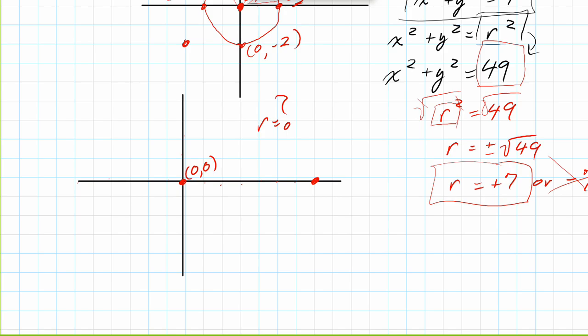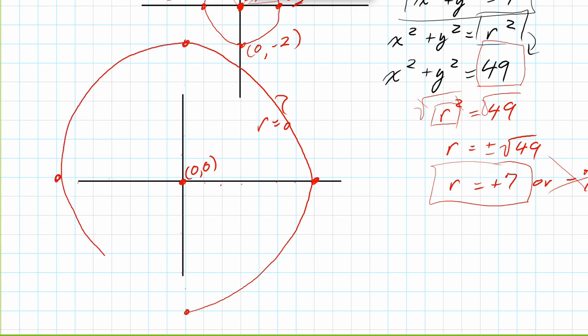Let's check that again. 1, 2, 3, 4, 5, 6. I think I drew 5 there. Okay, here we go. And my amazing circle. Oh, I messed that part up. There's my circle. That's the circle we have. A few other things I want to talk about with circles.